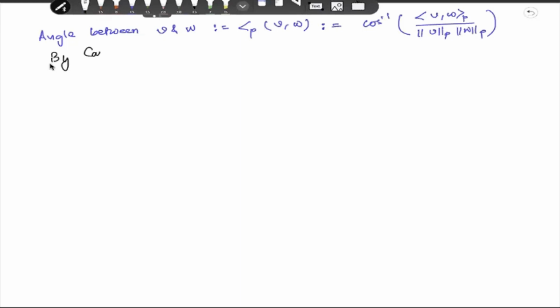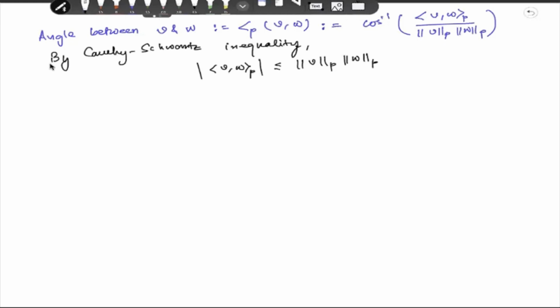By Cauchy-Schwarz inequality, the modulus of this inner product is less than or equal to the norm of V multiplied by the norm of W. So this implies that -1 is less than or equal to the inner product divided by the multiplication of these two norms, and this thing is again less than or equal to 1.